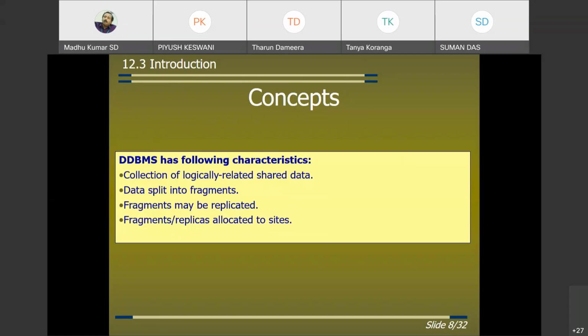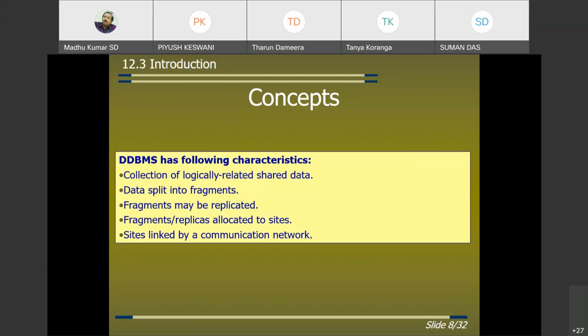So you have copies of the data stored in many different places. The data is split into fragments, fragments may also be replicated, and fragments and replicas are allocated to sites. Each of those sites, or nodes of the network, will be getting the fragments.